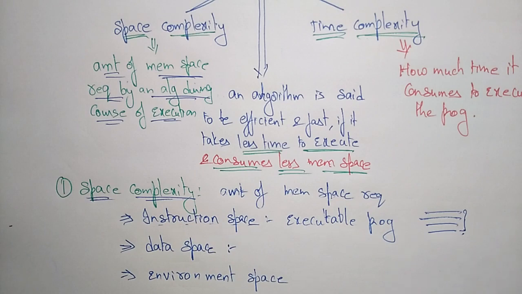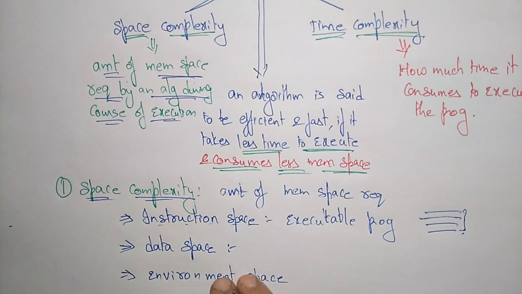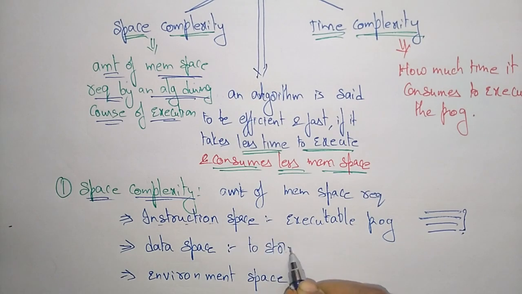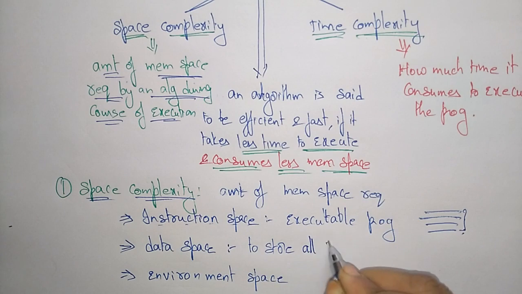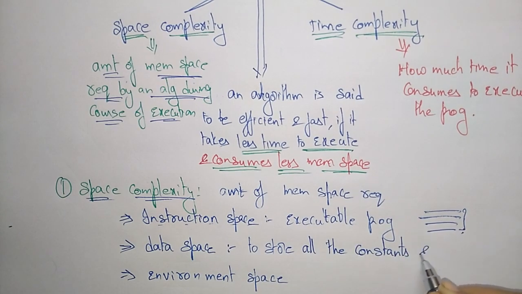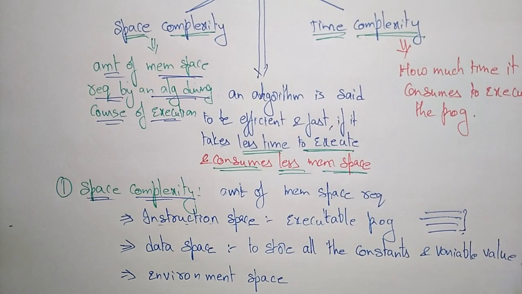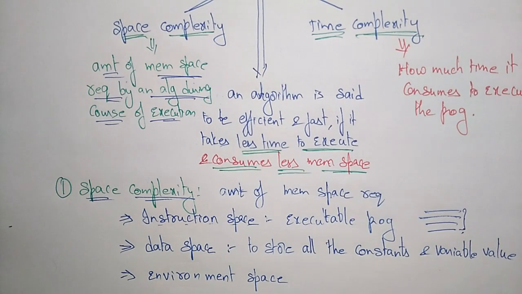Data space is the space required to store all the constants and variable values. How many variables we are using, how many constants we are using, that calculates how much space it is consuming. Now coming to the environment space.